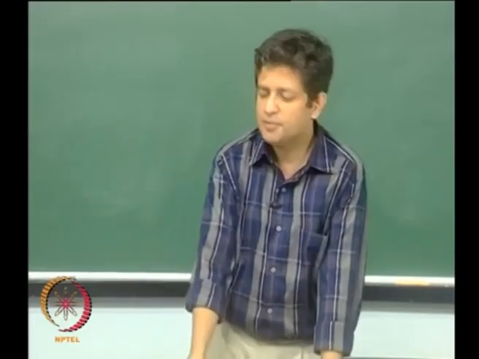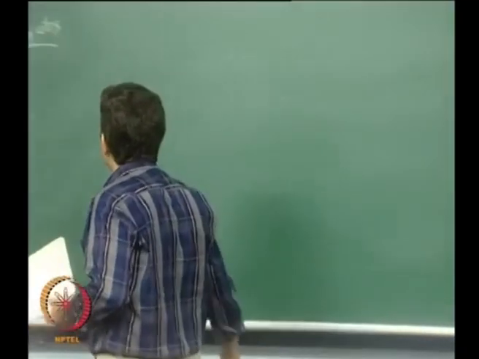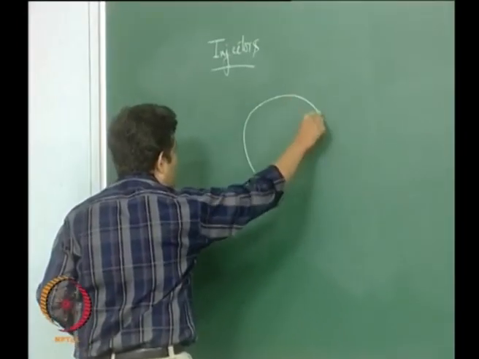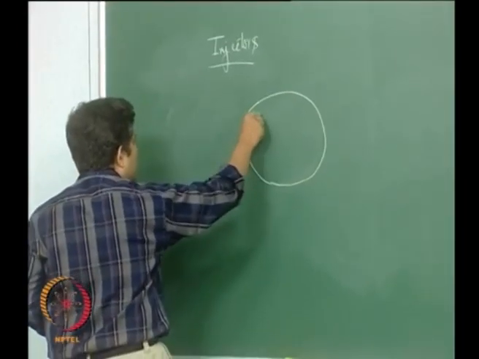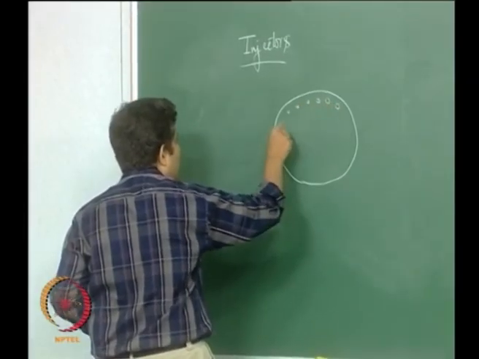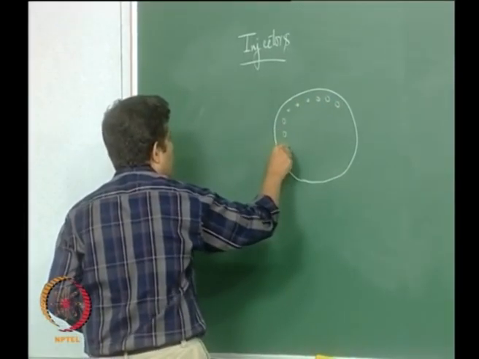If you look at a liquid rocket motor, there will be this kind of large number of small holes.